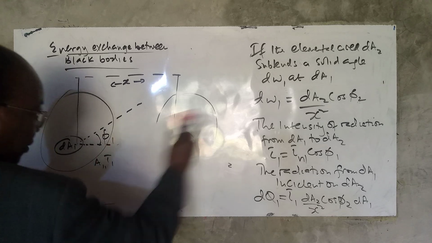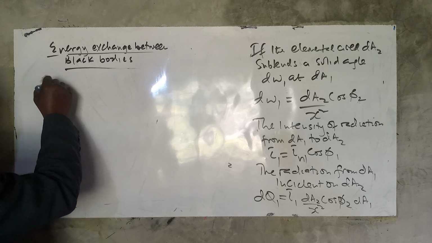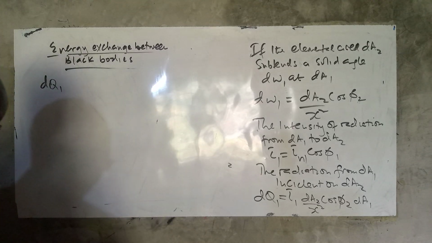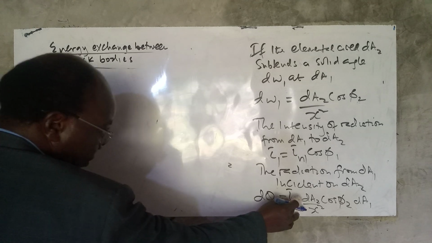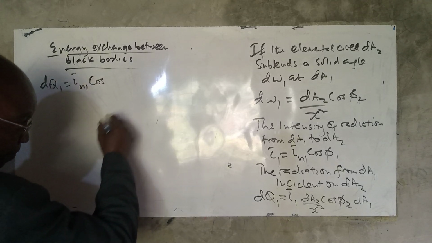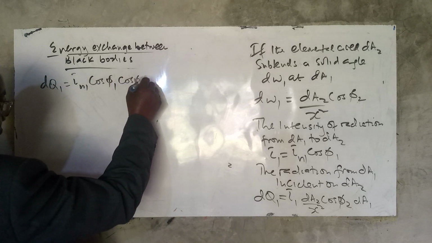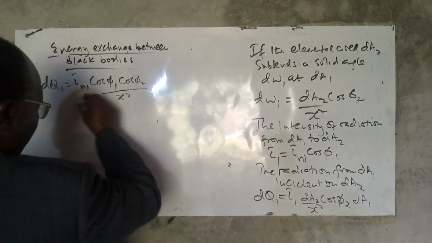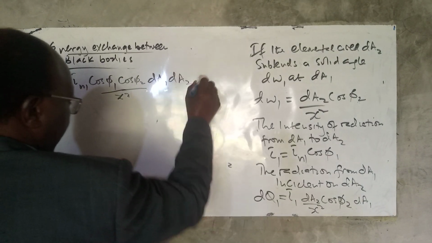So we can put in the value for that intensity so that the radiation incident on dA2 from dA1 will be equal to I1, that's intensity 1, I cosine phi 1, and we have cosine phi 2 over x squared, dA1 dA2.